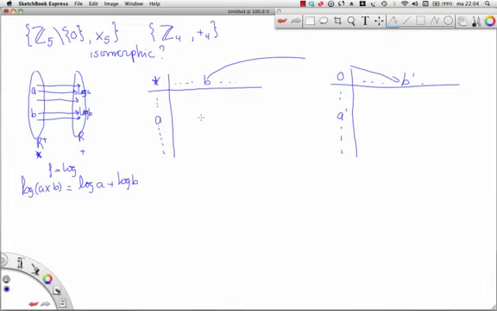The second requirement is that the operation A star B needed to be the same as the image of A operation circle image of B. For instance, here the logarithm of A times B, it needs to be a star operation, gives me the same result as the log of A being the image of A plus the log of B being the image of B. Okay, so these two need to be the same.